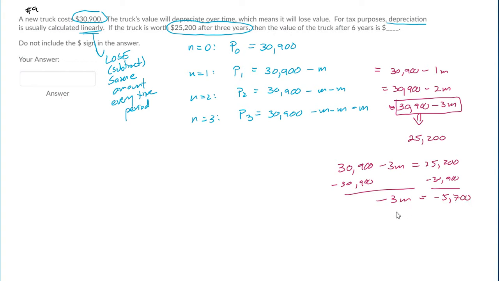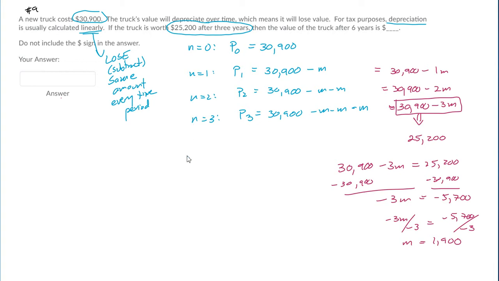Now I'm going to divide by negative 3, so negative 3m divided by negative 3 is negative 5,700 divided by negative 3. What do we get there? We get that m is 1,900. So we're losing $1,900 every year.